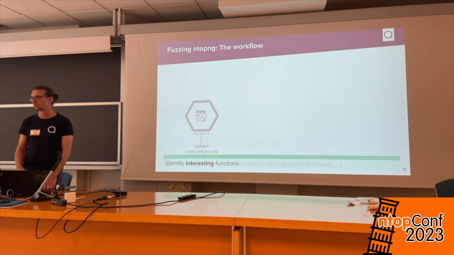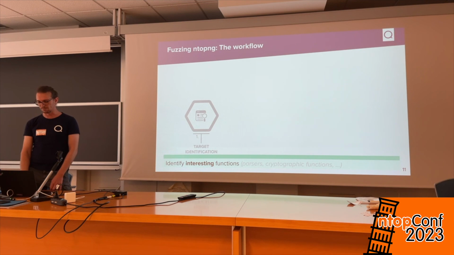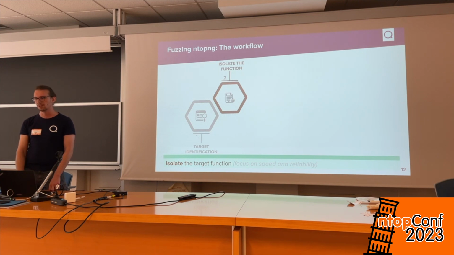In this case, parsers are usually a very good choice, because it's usually very hard to write a parser correctly. After we identify an interesting function that we want to test, we want to isolate it from everything else, because we really want to execute it as many times as possible: the more times we can test it, the more likely it is that we will find bugs.